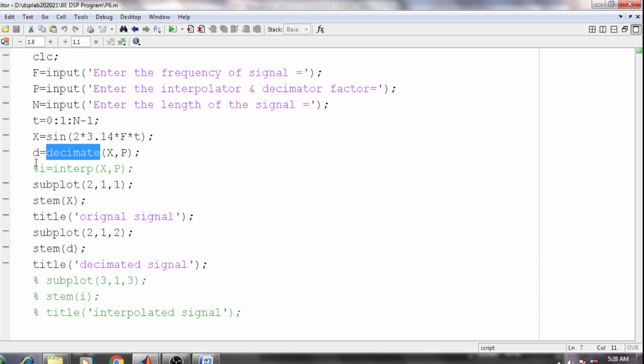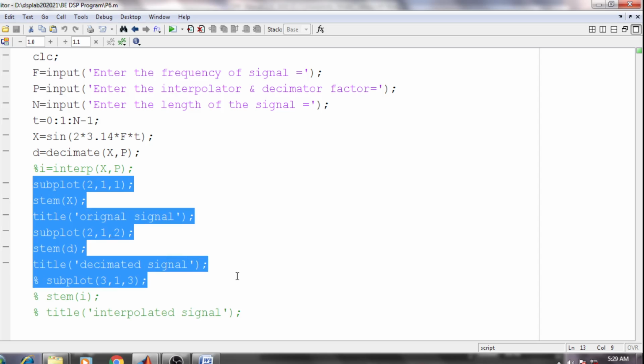That decimated value we are going to plot with MATLAB, so the subplot concept is adopted. With this subplot we plot the value of x, and similarly the value of d. These statements help you plot the decimated signal, where the original signal and the decimated signal are represented.